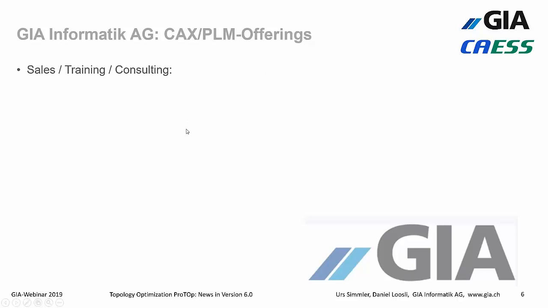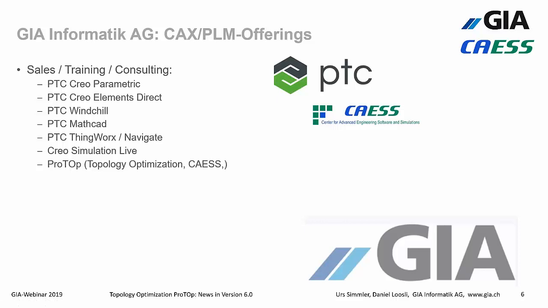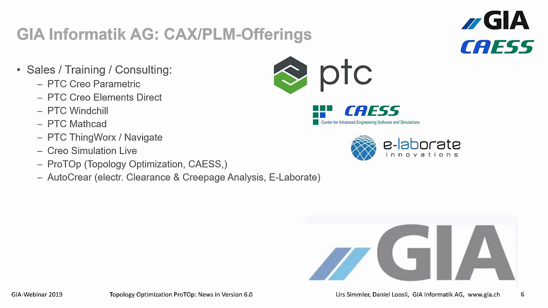The PLM people at GIA work mainly with the PTC products. Another product is this topology optimization called ProTop from CAESS. There is also another solution for electrical clearance and creepage analysis for all CAD systems. It's called AutoCrear, and there you can analyze creepage and clearance distances.